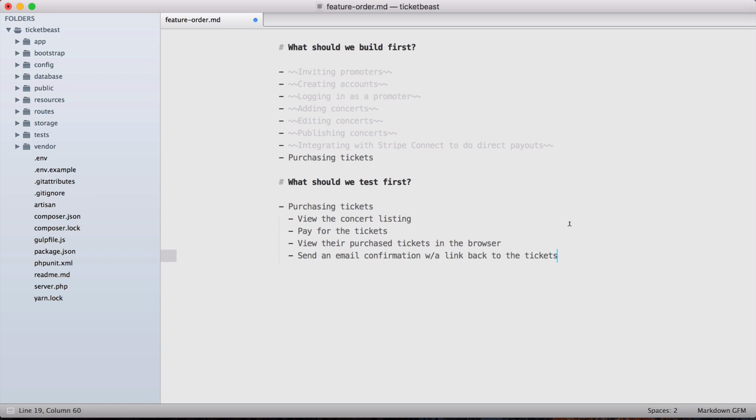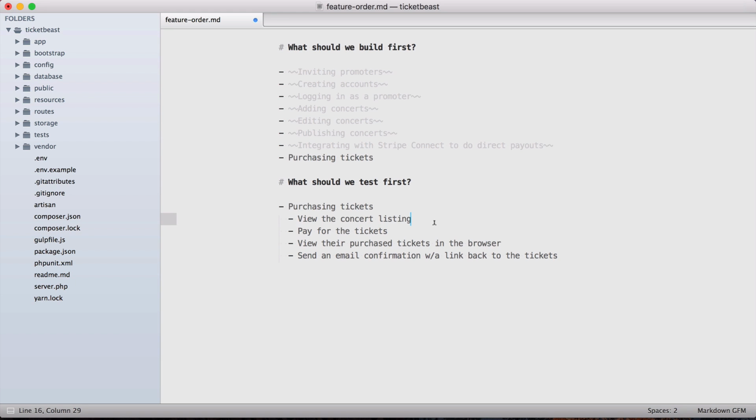So we have the structure of our application working, and we have some sort of boilerplate in place for getting our tests running. And looking at this very first chunk, which is viewing the concert listing, that seems like a reasonable place to start, because that'll force us to drive out some code that'll have these concerts in the system, so we can pull concerts out and make sure that people can see the correct data for the correct concerts.